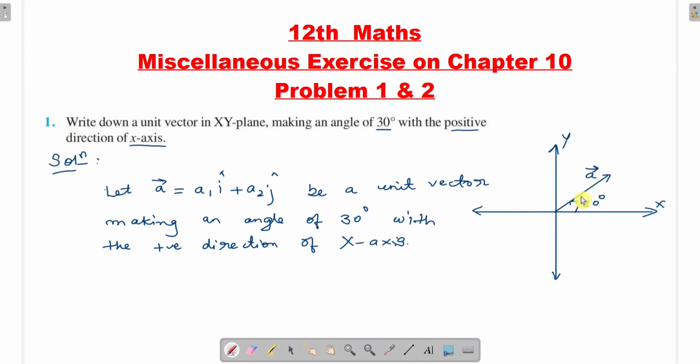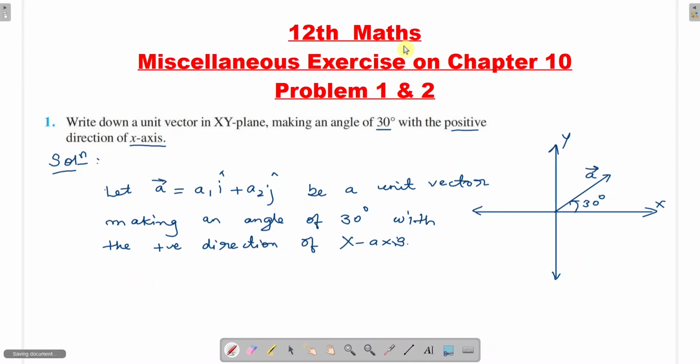Since the vector is making an angle of 30 degrees with the positive x axis, we can use the angle formula, the angle between two vectors.